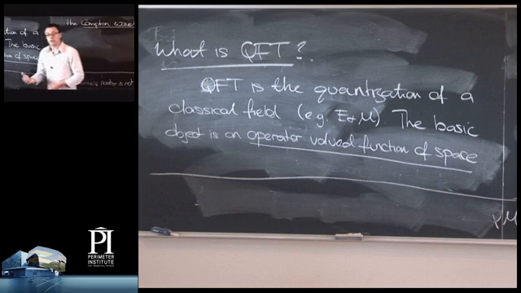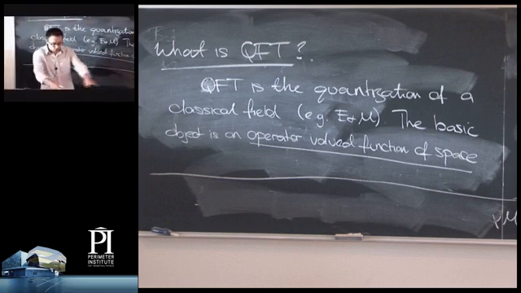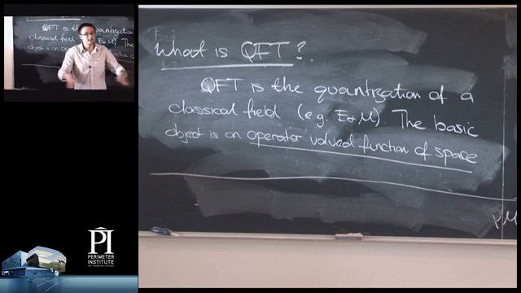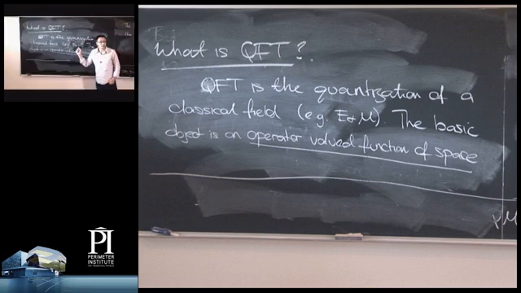It's also true in non-relativistic settings. If you're working with condensed matter, where you have swarms of strongly interacting or weakly interacting particles, the correct description, even though particle number may be fixed, is still typically in terms of quantum field theory. Okay? It's true that we need it in cosmology. The whole story of density perturbations in the CMB is an application of quantum field theory to curved space-time.